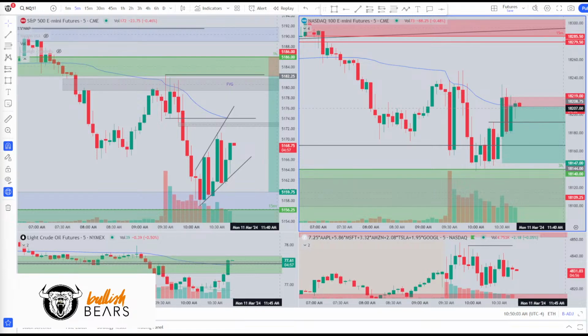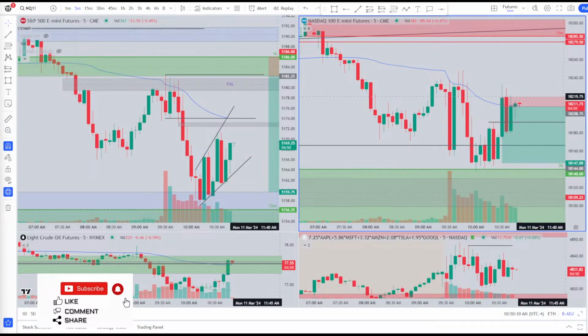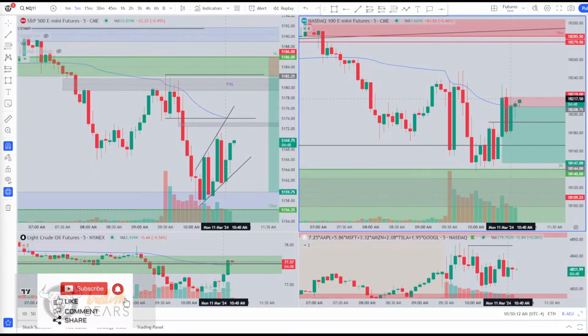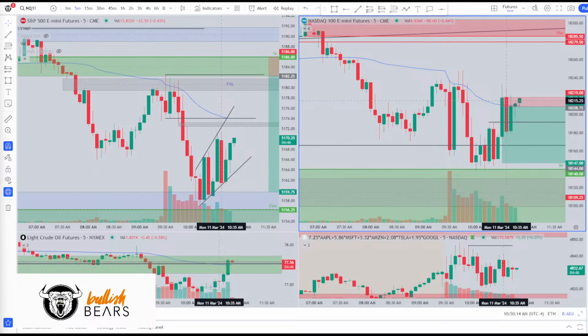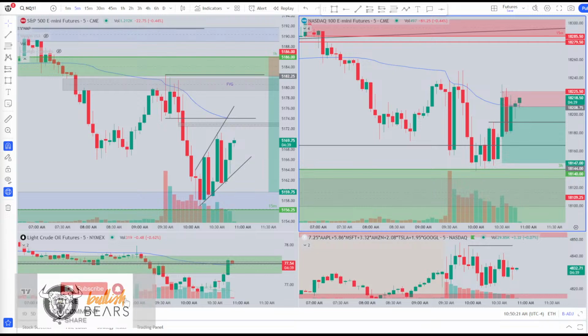Alright, I'm going to move my stop up. I do think we might get a spike and then a push lower. We'll see.